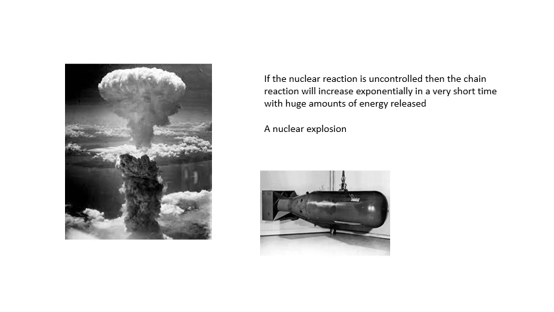This photo is Hiroshima, the bomb that went off at the end of the Second World War. And that's the bomb that did it. Well, no, it's actually a model of the bomb that did it. They still haven't got the original bomb. It's called Little Boy, and it had 63 kilograms of uranium-235 in it.